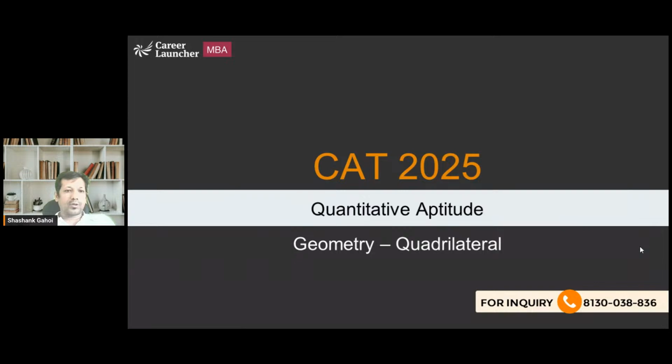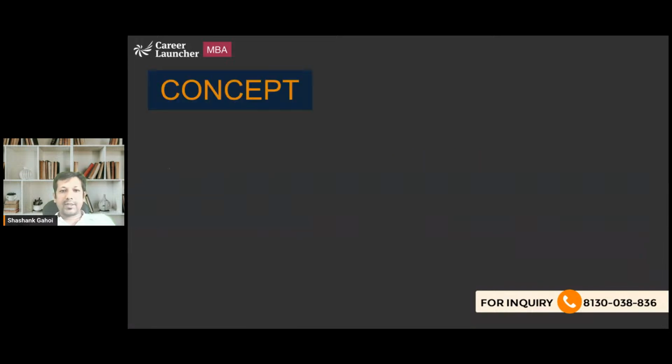So basically, what are quadrilaterals? In the previous session we talked about what polygons are. Polygons are closed figures with n number of sides, and quadrilaterals are polygons where n equals 4, so closed figures with 4 sides, right?